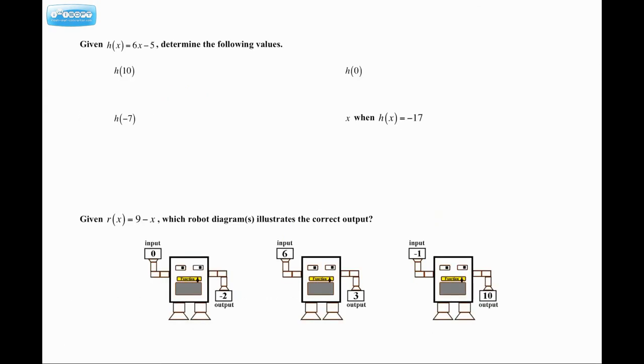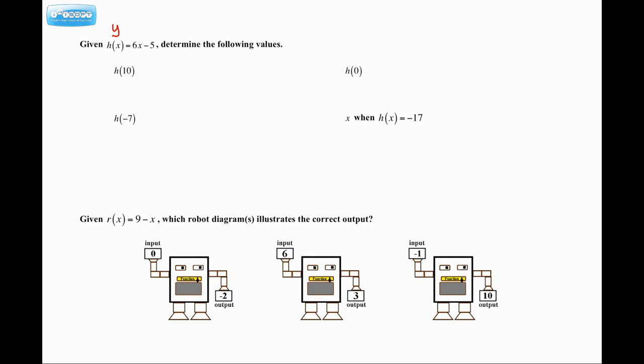All right, so it says, given h of x equals 6x minus 5, determine the following values. Okay, so as you can see, I've used function notation here, but remember, this h of x, all that means is y. So I could have easily said y equals 6x minus 5. And you might think, well, that's just so much easier. Why can't I work with that?